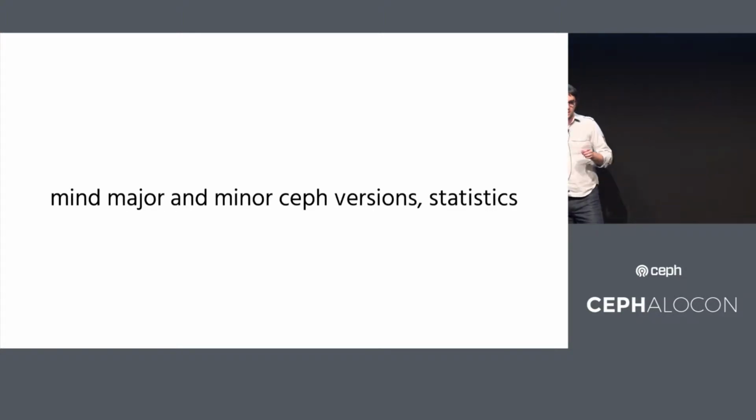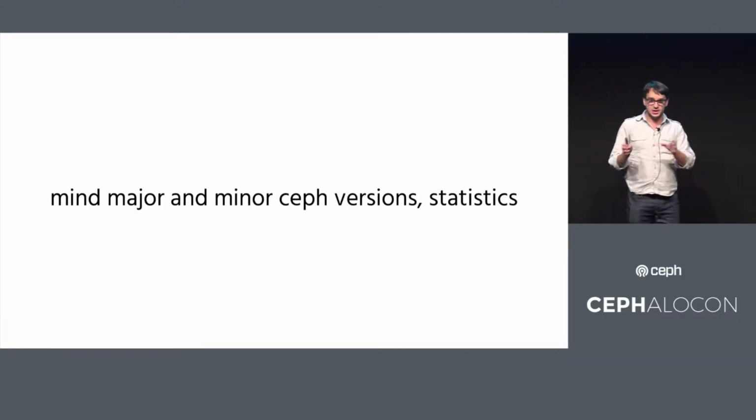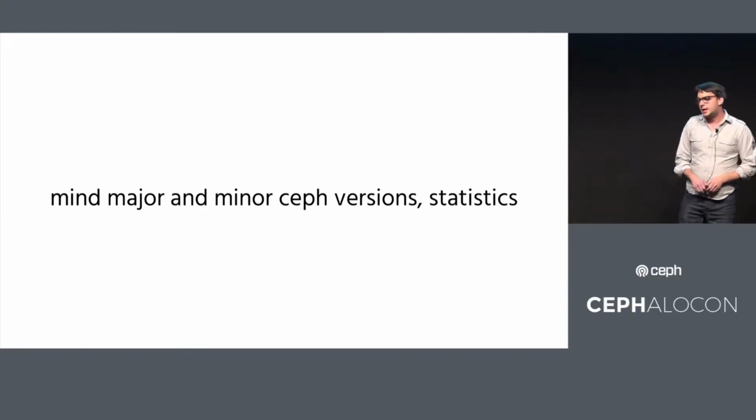Again, in the manager service, there are modules, Prometheus, InfluxDB, and Telegraf, that can send metrics data directly to your metrics server. They are great, but you have to take real care of the major and minor version you are using, because some modules are integrated only in the later versions of Ceph.